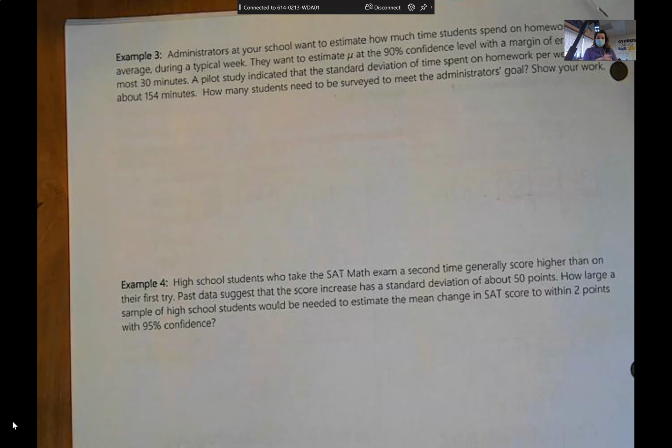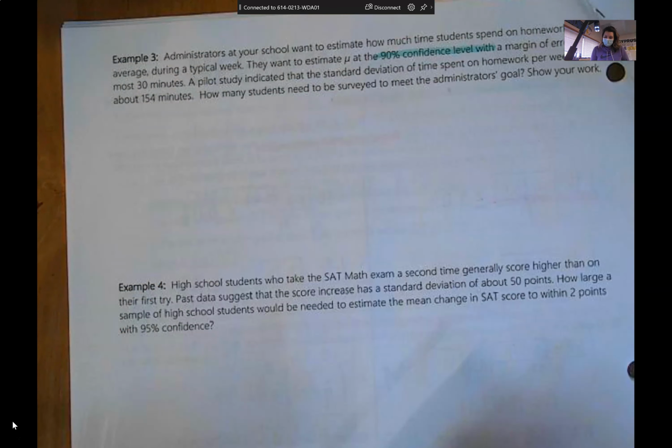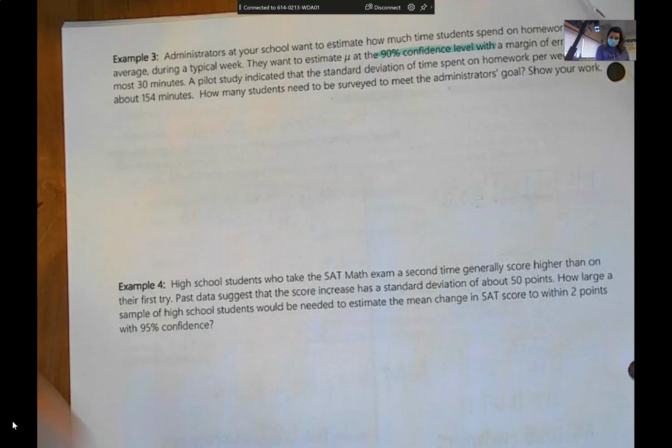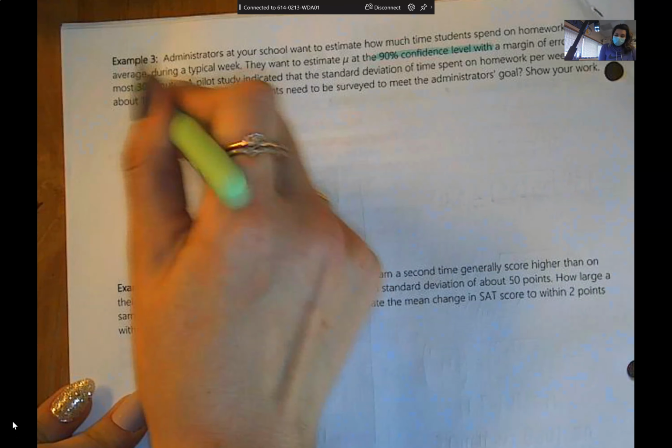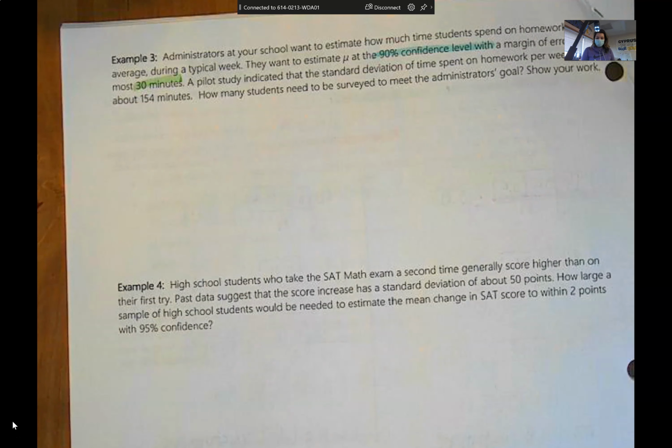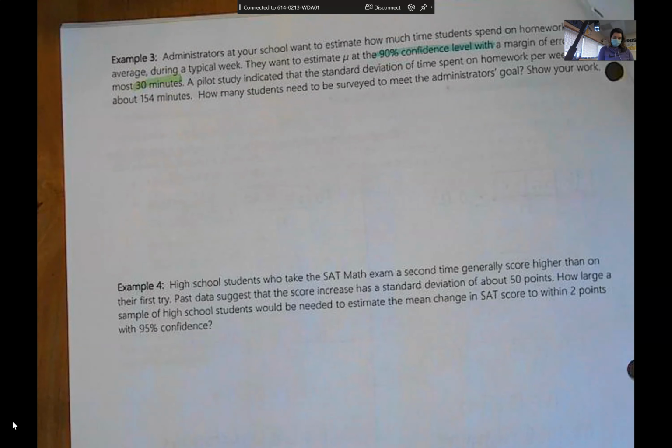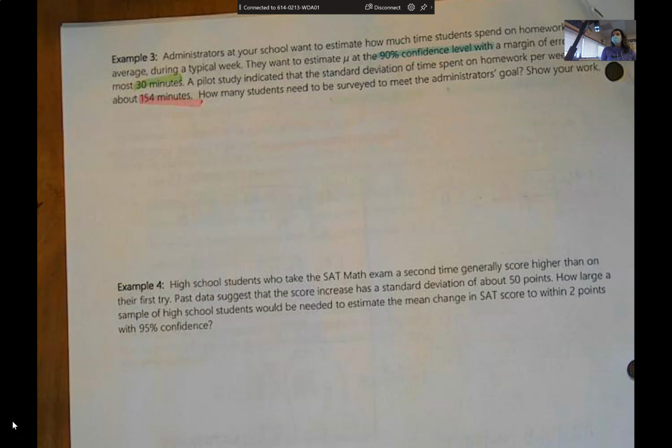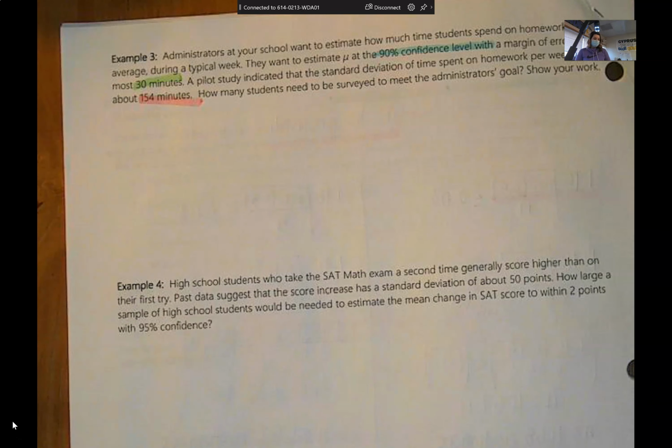They want to estimate mu at 90% confidence with a margin of error that is at most 30 minutes. A pilot study indicated that the standard deviation of time spent on work per week is about 154 minutes. So how many students do you need to achieve this goal?